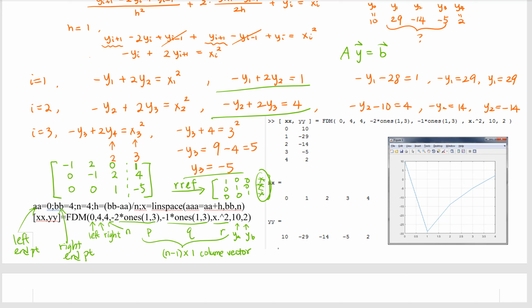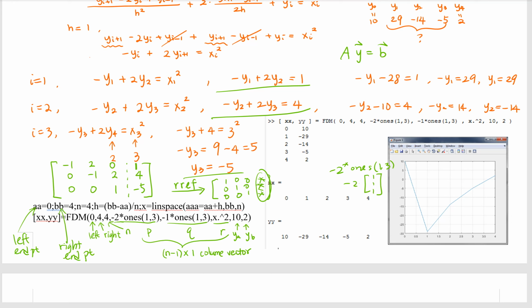Okay, so if you want to put the vector here, we need to use -2 times ones(1, 3). Sorry, I don't have enough space here, so let me put it here. -2 times ones(1, 3) means it's -2 times the vector 1, 1, 1.